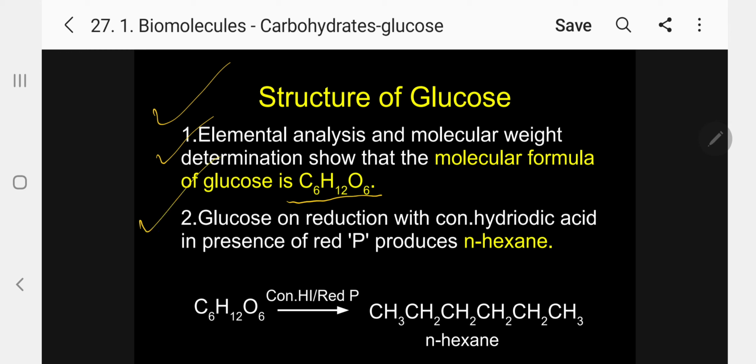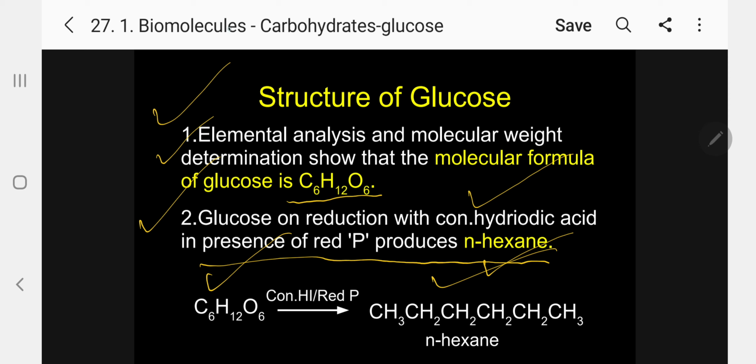Number 2: glucose on reduction with concentrated HI in presence of red phosphorus, a powerful reducing agent, is converted into n-hexane. Please follow. This is the glucose structure, we have no idea, but on reduction it is now giving n-hexane. What is the information? Just see, it is a linear structure.